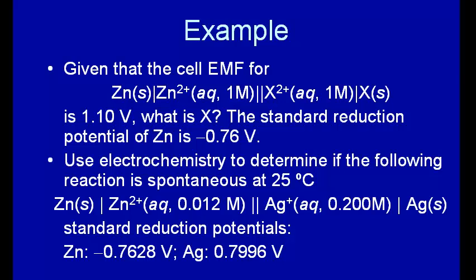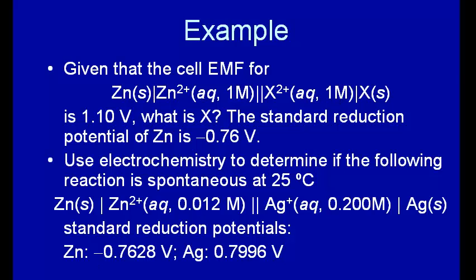And we're given the standard reduction potential of zinc, 0.76. Okay, well, let's take a look at this. This is 1 molar, and the concentration of this unknown is 1 molar. So that means what we have are standard cell potentials. So in fact, this voltage here is E0, the standard cell potential of this, because all the concentrations are 1 molar.